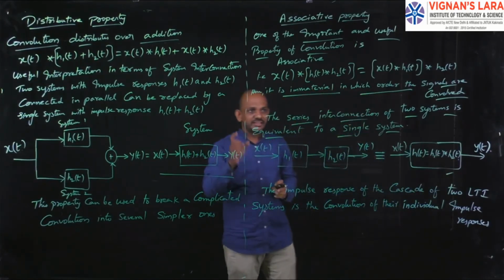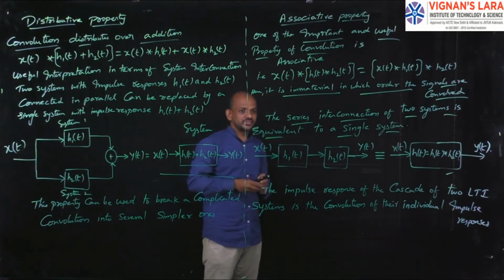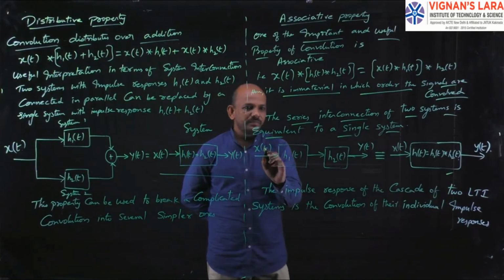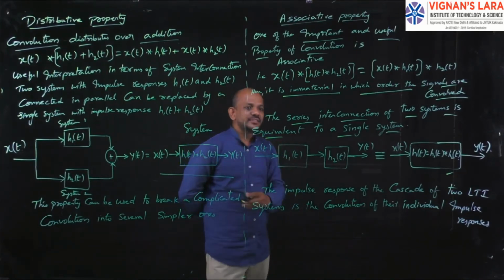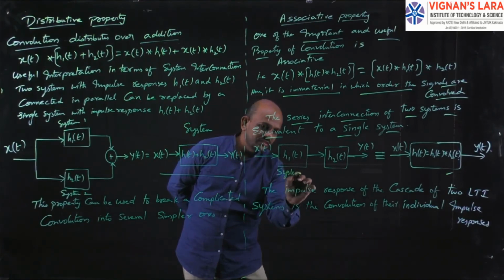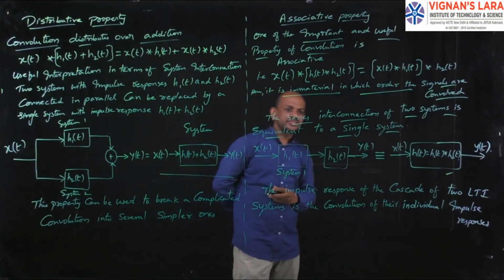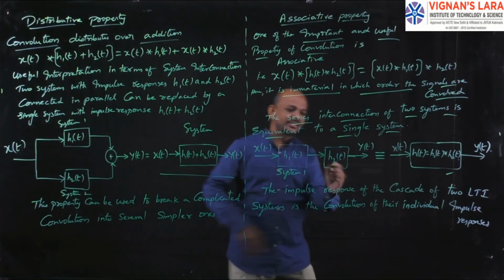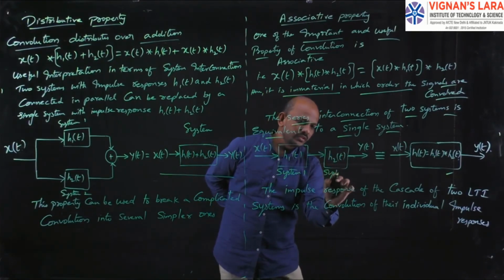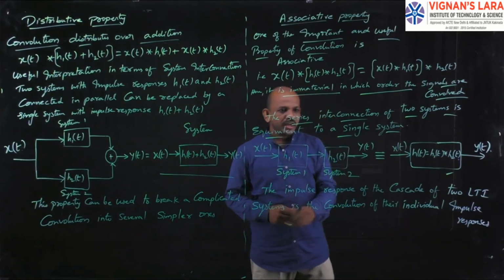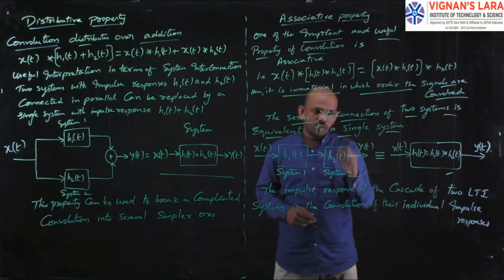Okay, let us consider the series interconnection of two systems as shown in the diagram. x of t is given as input to system 1 whose impulse response is h1 of t, and the output of that one is given to another system, system 2, whose impulse response is h2 of t, and it is producing an output y of t.